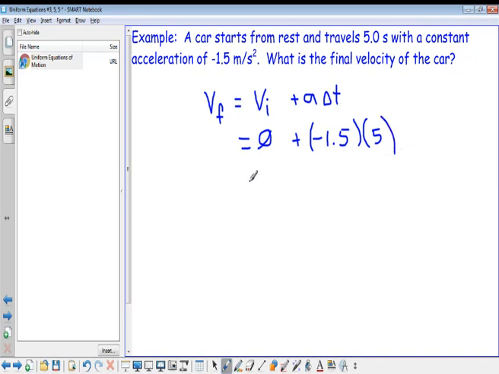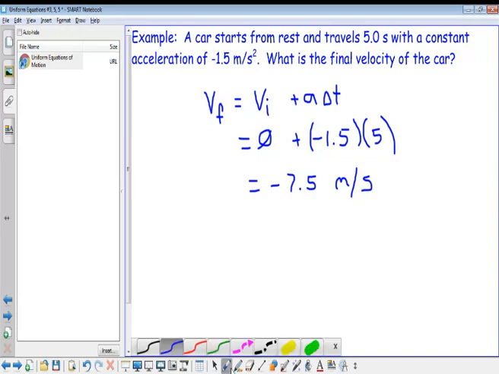So going off screen for a moment to solve this out, I have negative 7.5 meters per second as my final velocity.